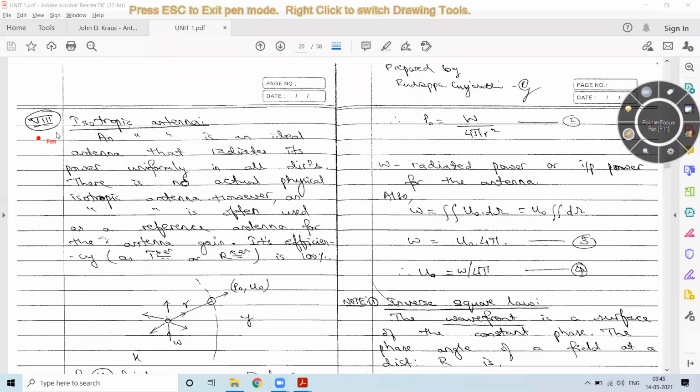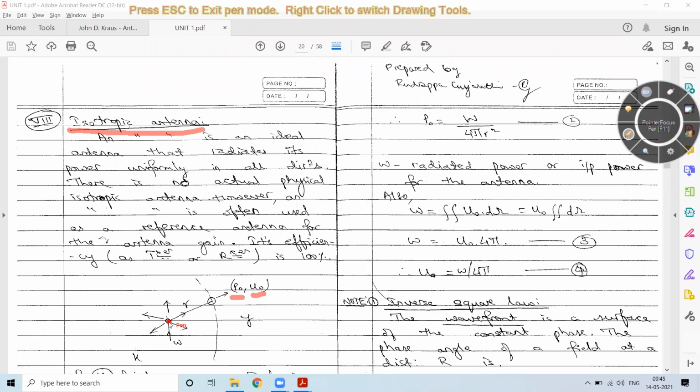So next we have the discussion pertaining to isotropic antenna. Now in the previous discussion, we had power density and radiation intensity, where power density is power flow per unit area and radiation intensity is power flow per unit solid angle.